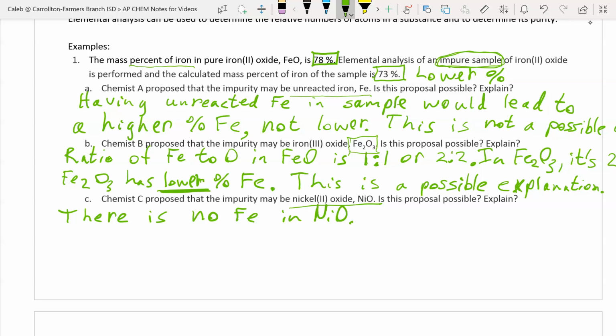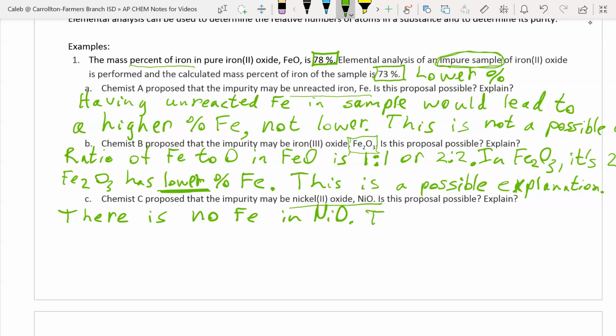It would increase the amount of the sample. So if I had some extra NiO, then the mass of our sample that goes on the bottom in the denominator of our fraction would be greater, which would make our percent go down. Okay, so we didn't add any more Fe, but we did add something else.